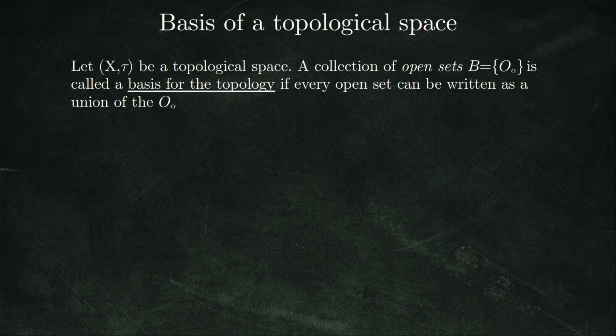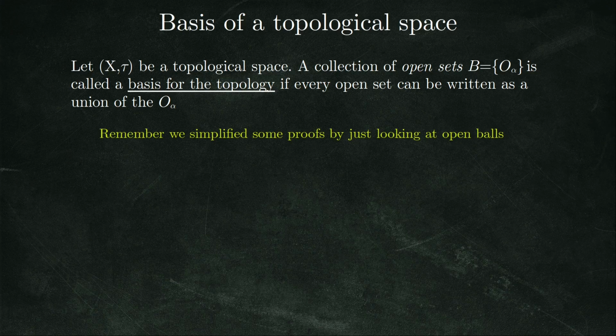A collection of open sets B is called a basis for the topology if every open set can be written as a union of the sets within the basis. And you may remember that we simplified some proofs when looking at metric spaces just by looking at open balls. And that's because we can see here open balls form a basis for the Euclidean topology.